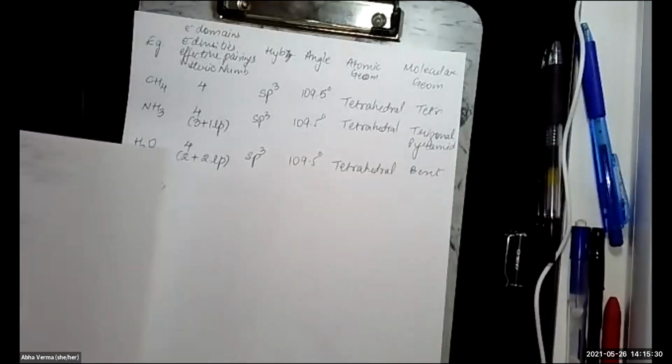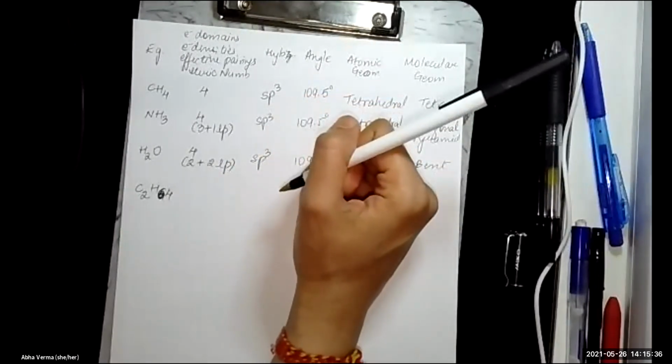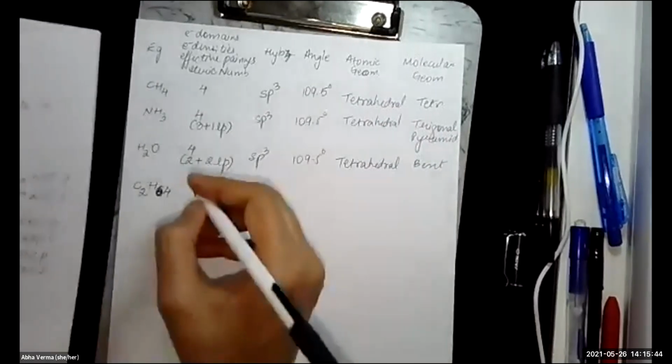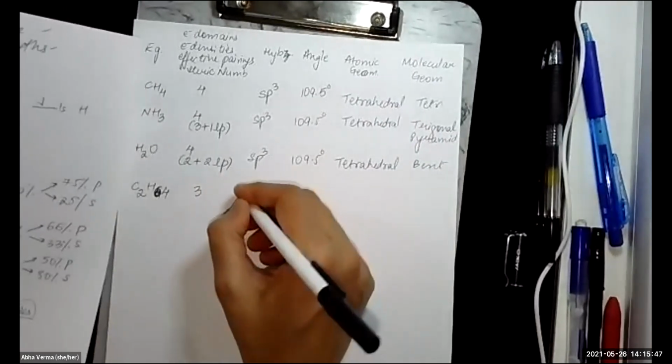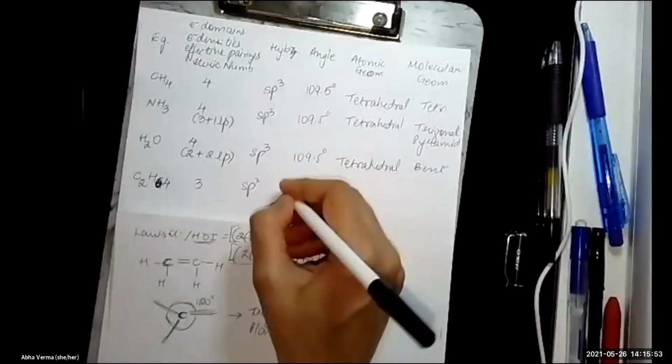Okay. So how many domains do I have? I have 1, 2, 3. With 3 domains, my hybridization is sp2. And what is my bond angle? My bond angle is 120.